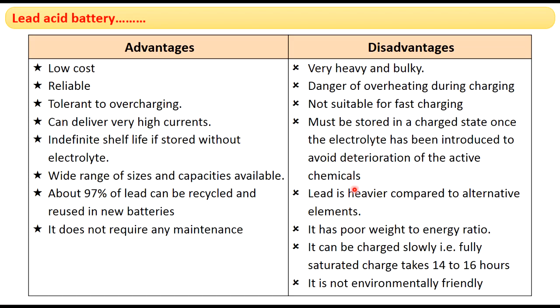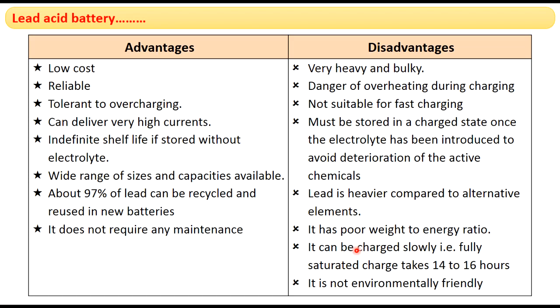Another disadvantage is lead acid battery is heavier when compared to other secondary batteries, and it has a poor weight to energy ratio. So if we consider its weight, the energy produced by the battery is low.